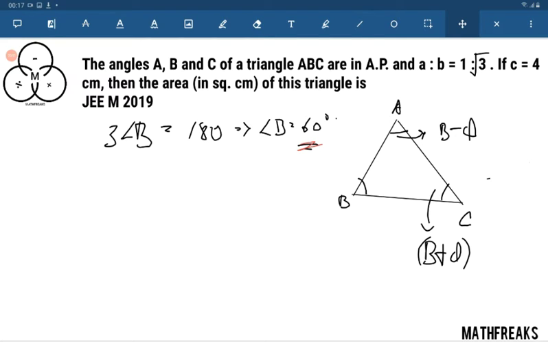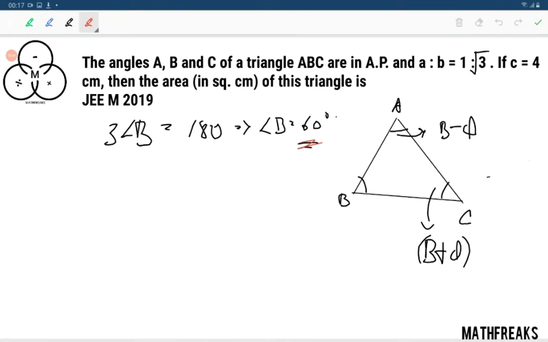Now we will apply sine rule. Just see, we are given a is to b equals 1 is to root 3. This is a, this is b. Now we have a over sine of B minus D equals b over sine 60.